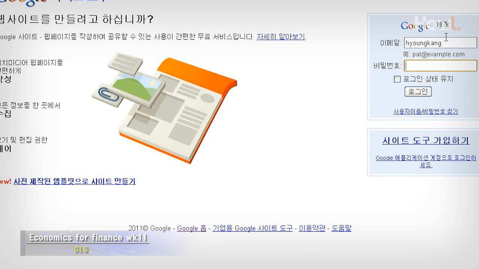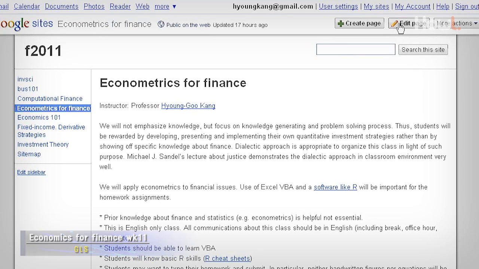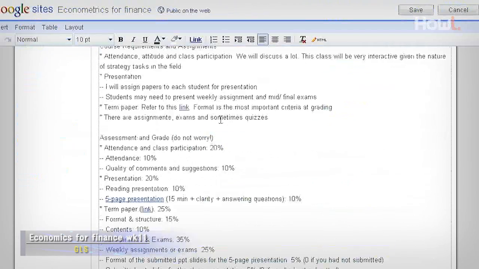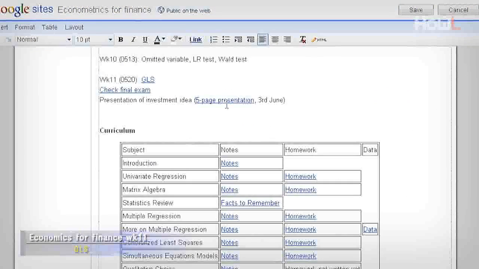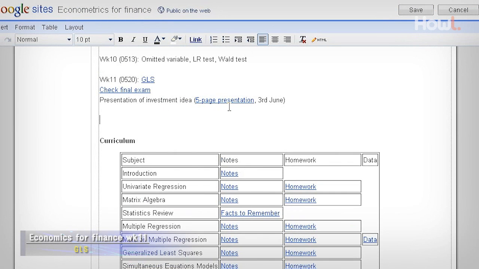Please use the data you already used. The homework is due next week.